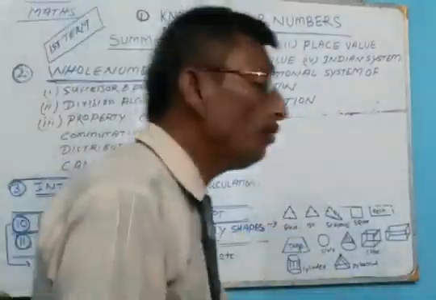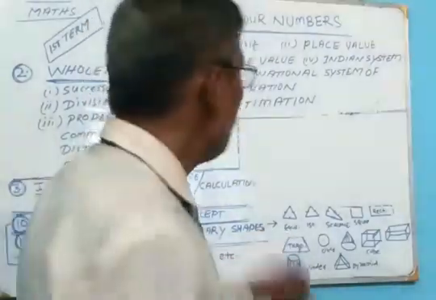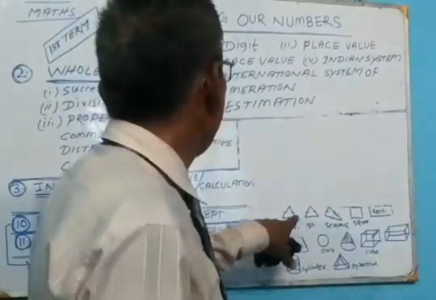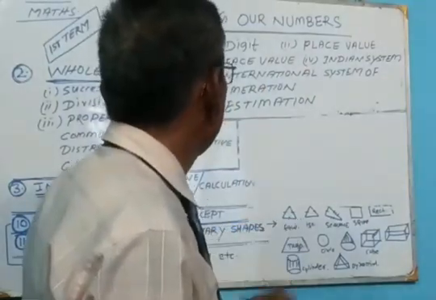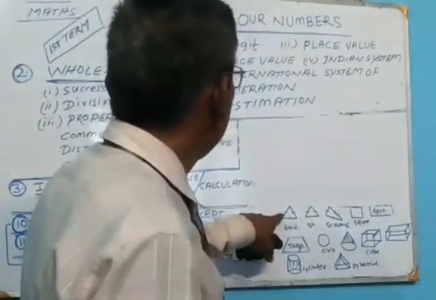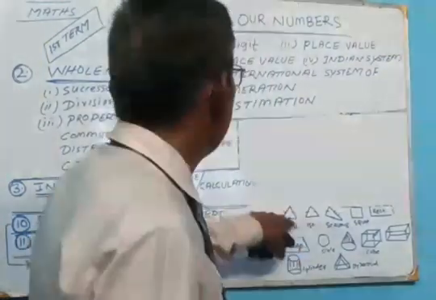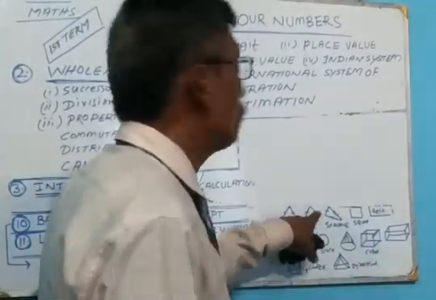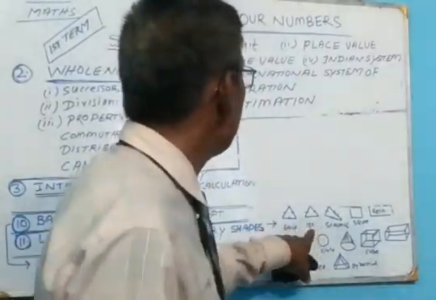Then come on the next term, understanding elementary shapes. We have to study the common elementary shapes like the equilateral triangle. What is an equilateral triangle? It has all sides the same. Then we call it an equilateral triangle. If two sides are the same, that is called an isosceles triangle.